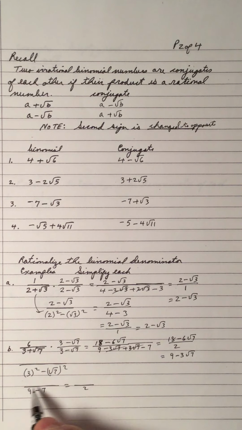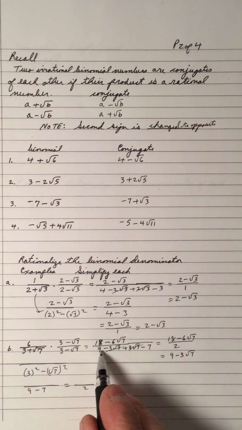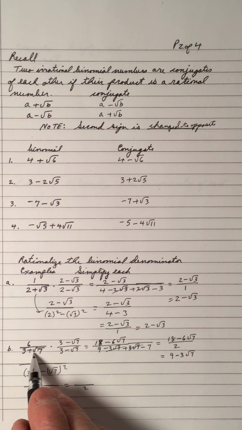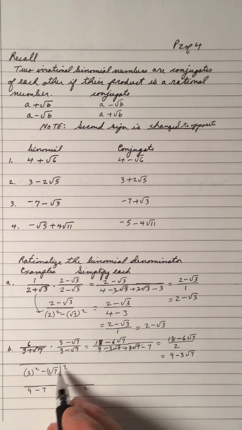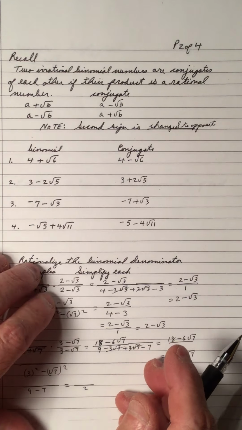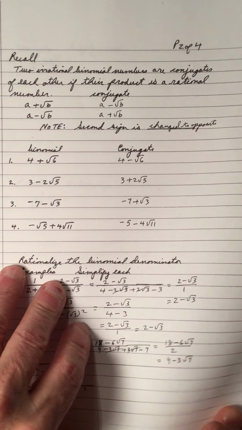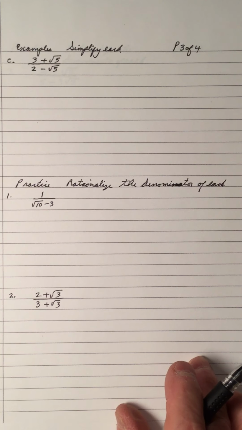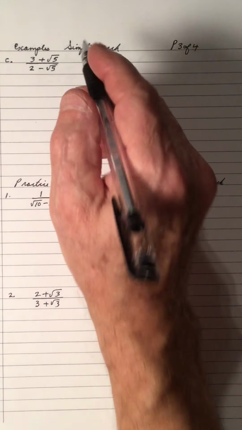It still gives you the same numerator, but instead of doing all the FOIL, if you practice doing this quickly, because they're conjugates, you can square the first one, subtract the square of the second, and get there quicker without doing FOIL. But practice until you know what you're doing. When you know what you're doing, you can take the shortcuts. But if you're not sure, then don't take shortcuts.